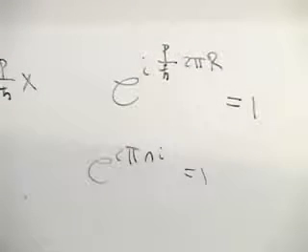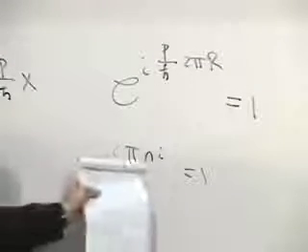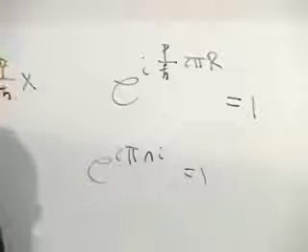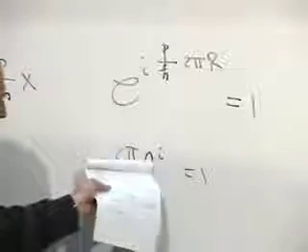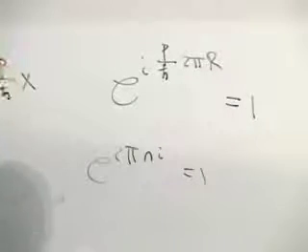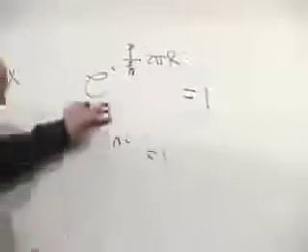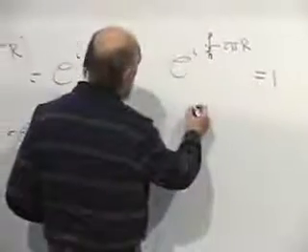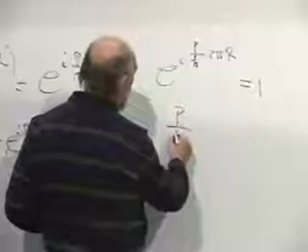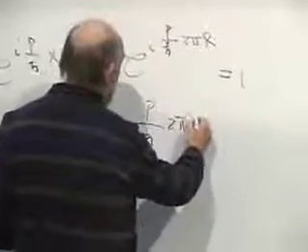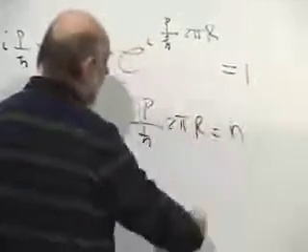Only if n is an integer is this equal to 1. e to the 2 pi i is equal to 1, and e to the 2 pi i to the nth power is equal to 1. And so the general solution to requiring the wave functions to be periodic is that p over h bar times 2 pi r should be an integer multiple of 2 pi.